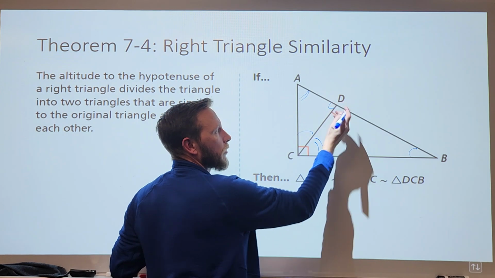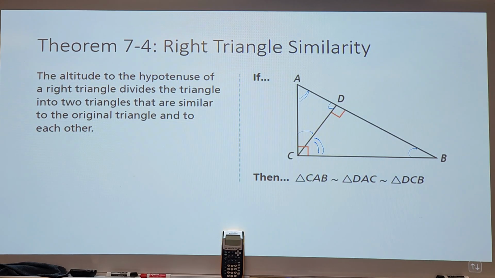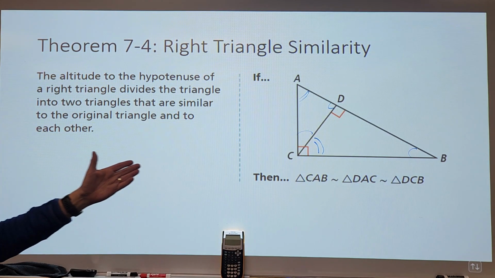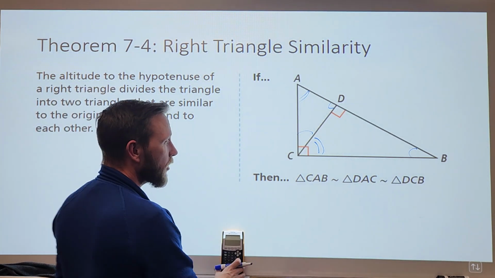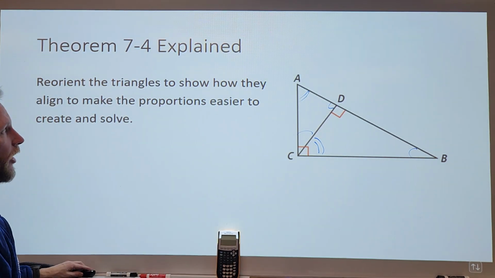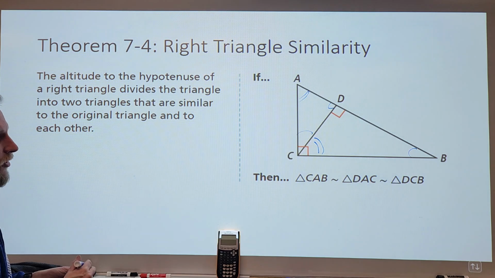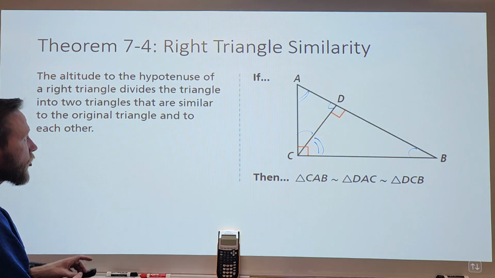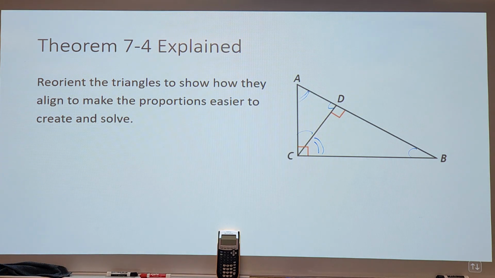This right angle is not drawn, but you know it's there. So, with that in mind, we have these triangles, triangle CAB, triangle DAC, and triangle DCB.